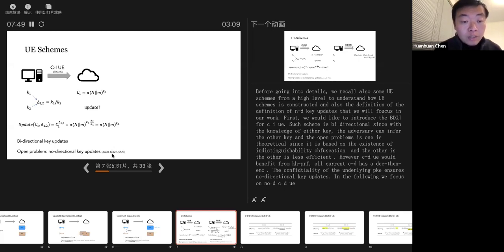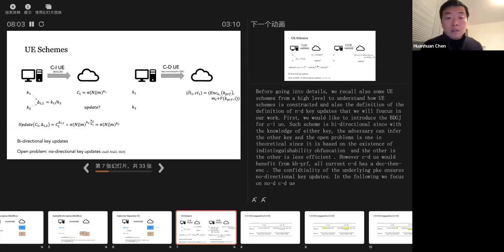Recently, there have been two schemes that achieve ciphertext-independent UE with no directional key updates, but they use really complex cryptographic primitives. For comparison, ciphertext-dependent UE uses a primitive called key homomorphic pseudo-random functions, which we see here.